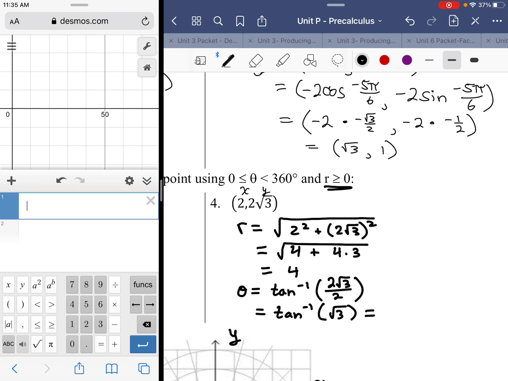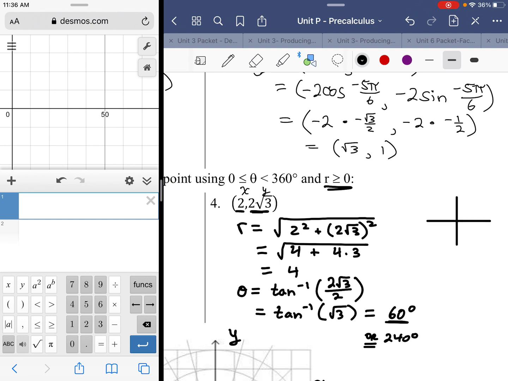And the reason why I brought up the domain component, if you were to put this in your calculator and do inverse tangent radical 3, it's going to come back with 60 degrees. In this case, that turns out it's right. The problem is, depending on where this coordinate is, let's say this was -2, -2 radical 3, that could put it in the third quadrant, in which case this would need to be 240 degrees, you know?